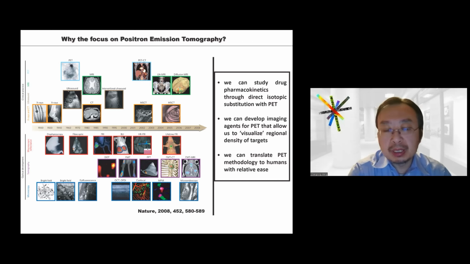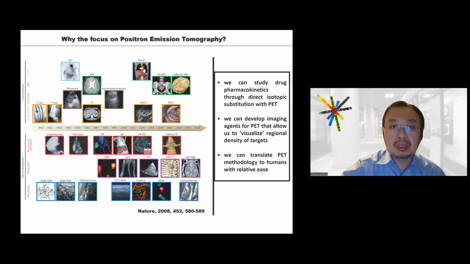The third is that we only inject the PET imaging probe at a nanogram scale into humans, so it's easy, compared with other imaging agents, to translate into humans if we need approval by the FDA for such a study.